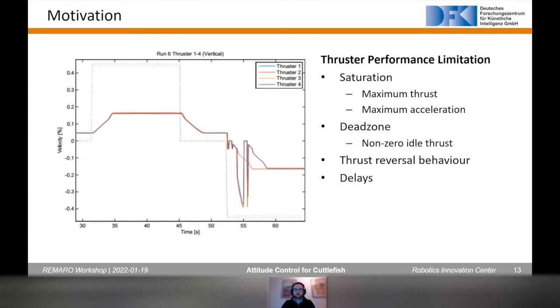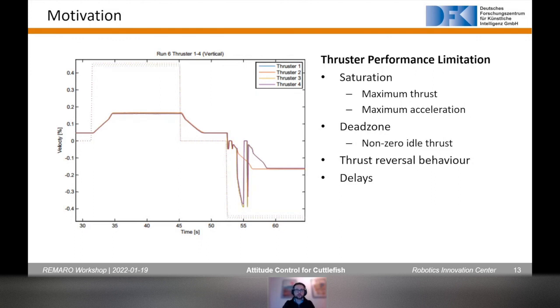So the problem that we were facing with Cuttlefish especially is that the thruster performance was very limited. Of course, you have the usual maximum thrust and minimum thrust, but the thrusters that we were using were sensorless. That means they have no hall sensor or anything to measure the position, and the position and velocity of the thrusters are measured based on the back EMF.